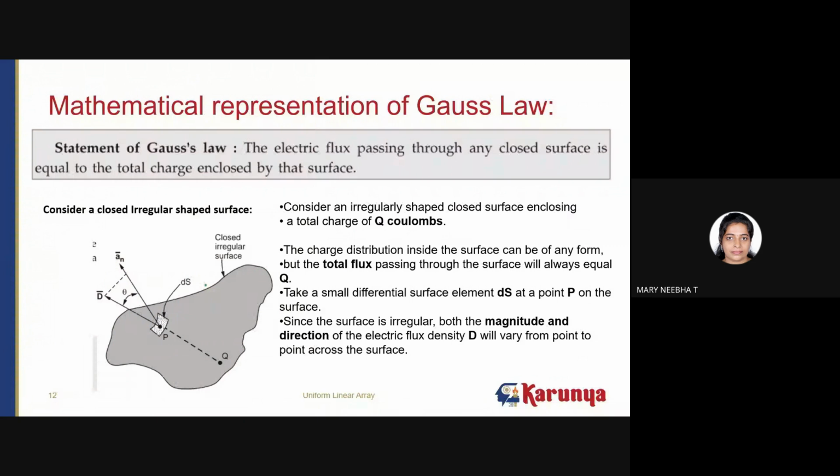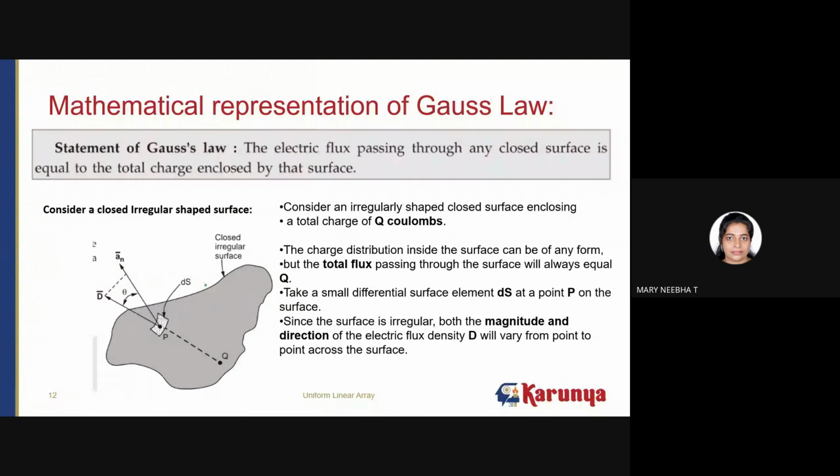The same way you can find it here also. For an infinite long line conductor, we have seen the derivation using Coulomb's law, and we got the formula E equals rho L divided by 2 pi epsilon rho. Like that, here also you'll get the same formula when you apply Gauss law.